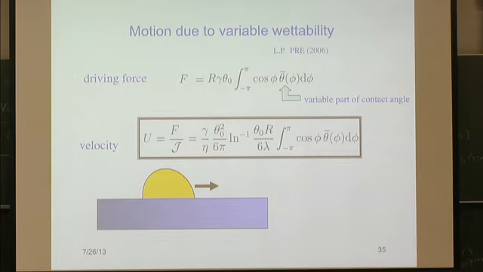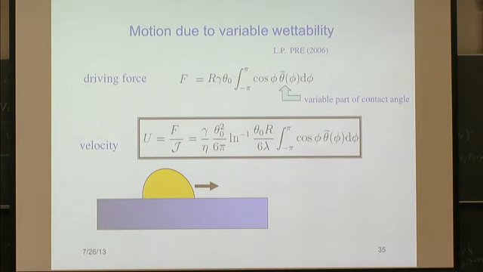And this is some result for variable wettability. The driving force, when there is no diffusion, will be just the integral of the change of the contact angle around the entire surface.